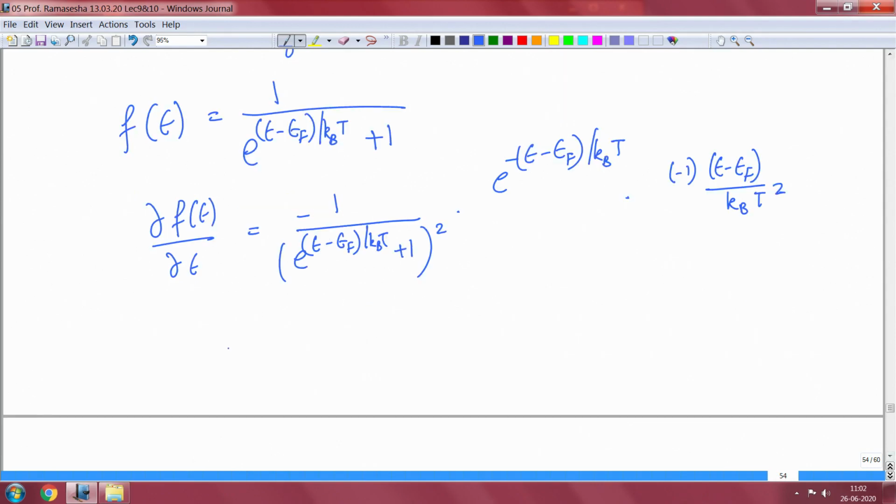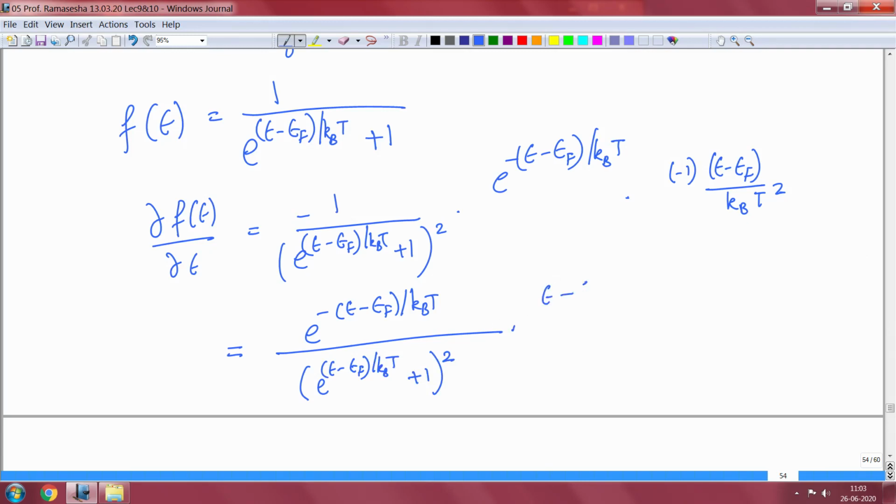This gives me e to the (epsilon minus epsilon_F) by kBT divided by (e to the power (epsilon minus epsilon_F) by kBT plus 1) the whole squared, into (epsilon minus epsilon_F) by kB T squared.